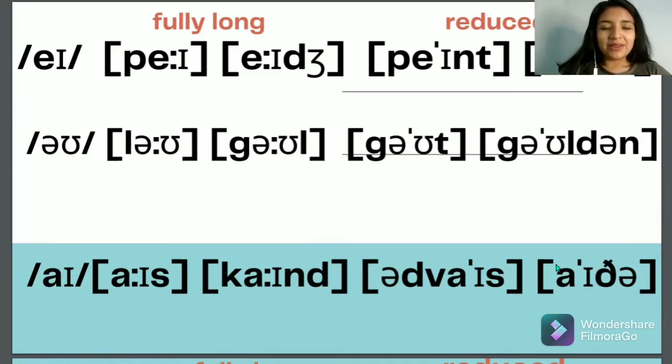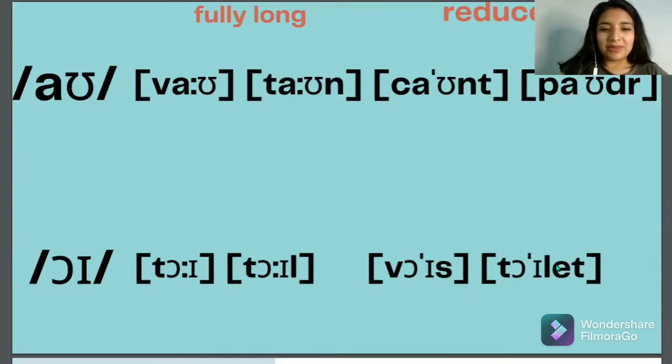To continue, we have the following example of the diphthong OW, which is wide and back closing. In the case of the fully long, we can see the examples vow and also town. In the case of the reduced examples, we have count and also power.